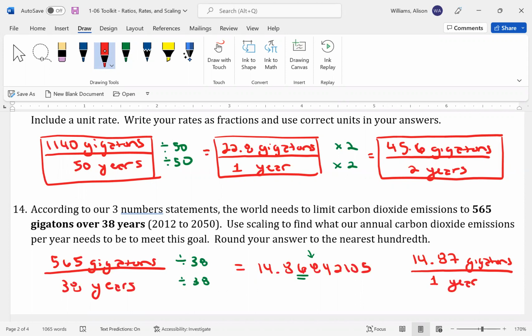I could have, by the way, written that a little bit quicker, 14.87 gigatons per year. I don't need to write the per year. This would be a shorthand way of writing it without writing it as a fraction.